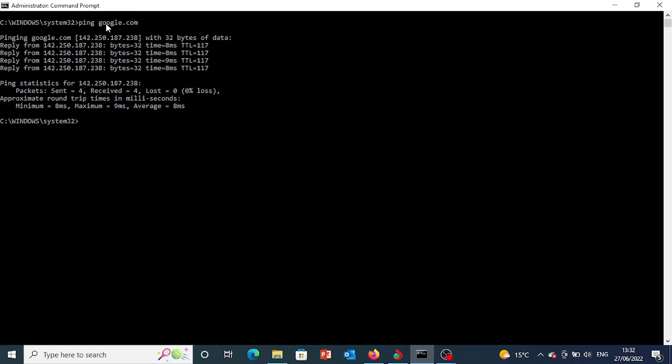If you send 5 packets or 4 packets and you get back 4 packets, none is lost, it shows that it is working well. You see, we sent 4, we got 4, we lost none. That means it's working well. Approximate round trip times in milliseconds is shown here. You see that? That's how you use it.